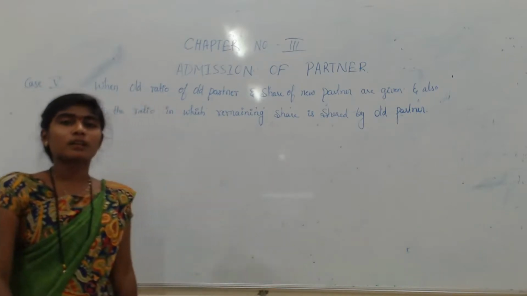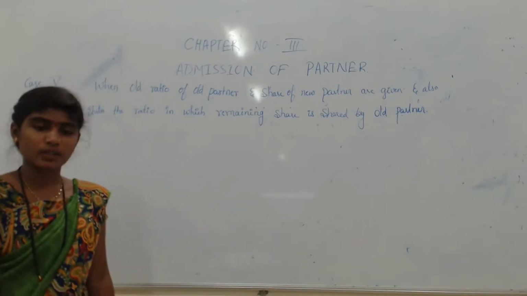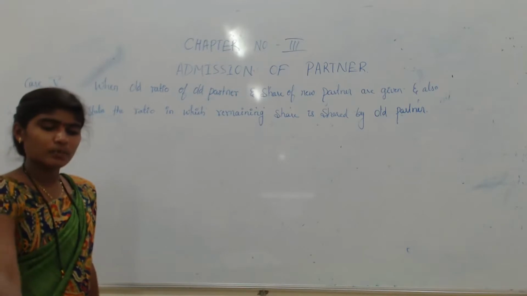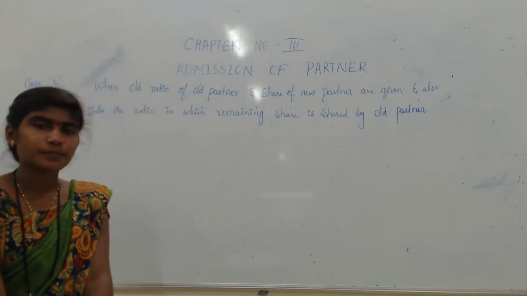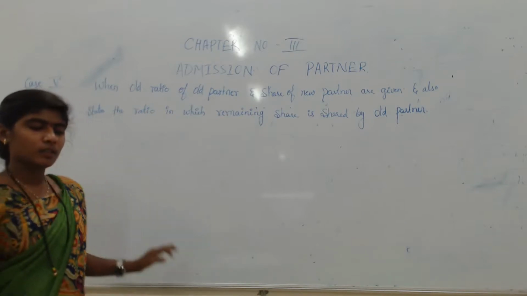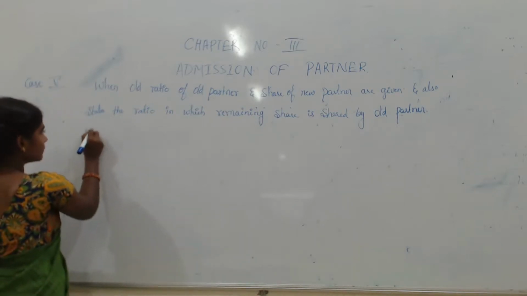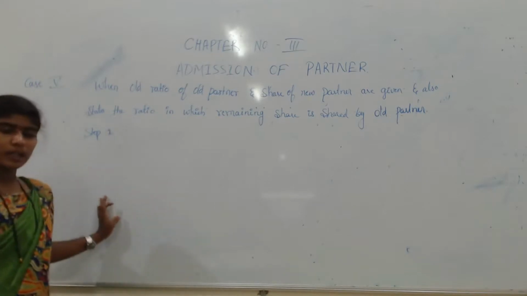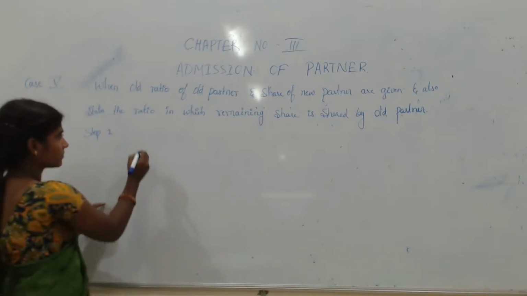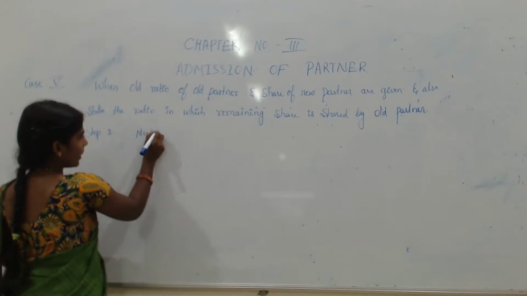Then how are you going to calculate the sacrifice ratio? There are mainly 3 steps. Step 1, write the new partner share.